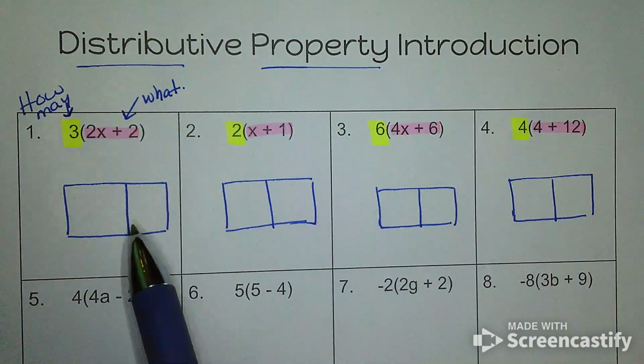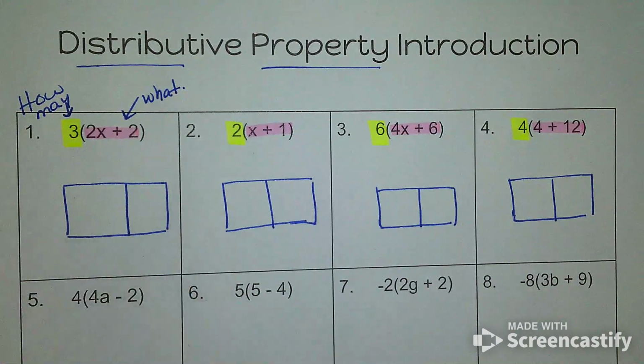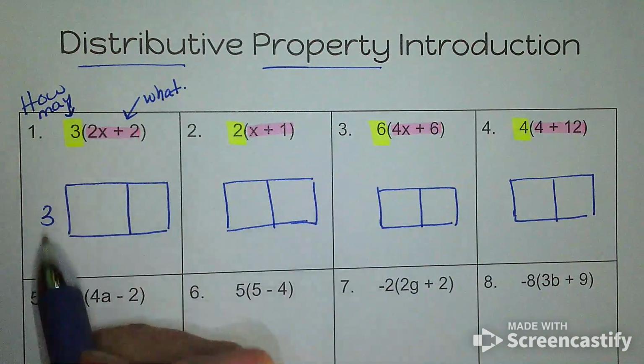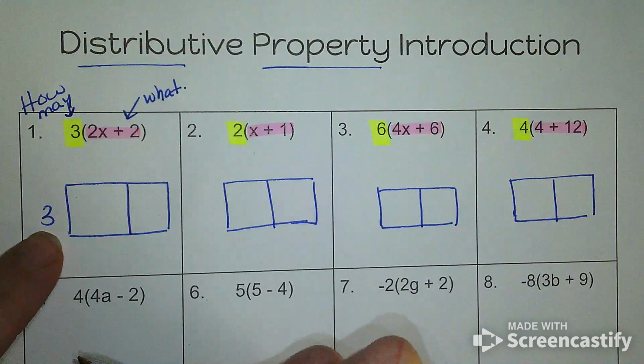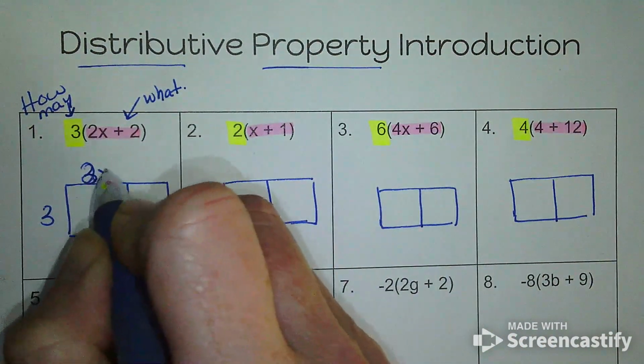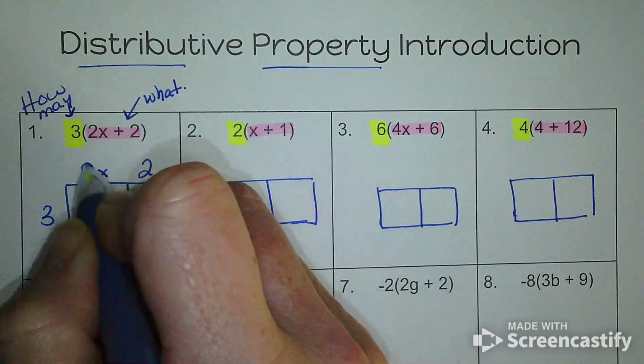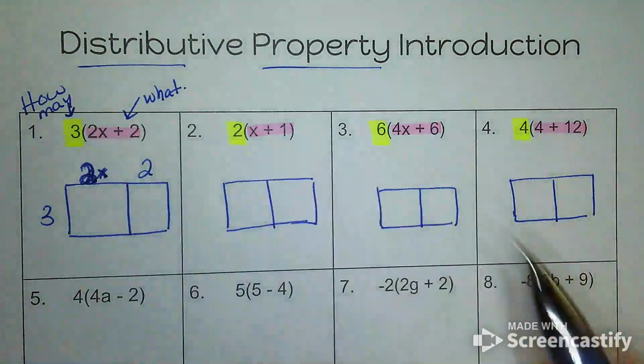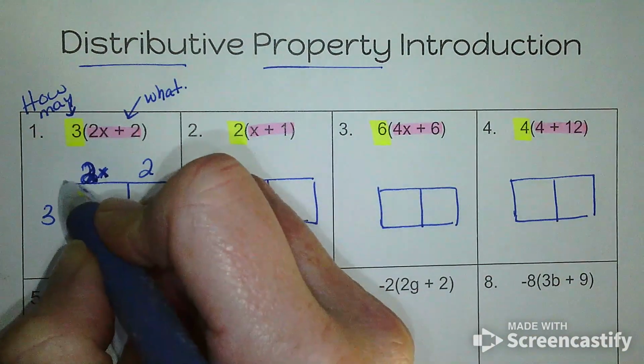What I've done here is I've made a box. On the outside, I'm going to put the 3. It's how many that you want. I want 3, and then inside each order, I want a 2x and a positive 2. Now, this is a multiplication box.